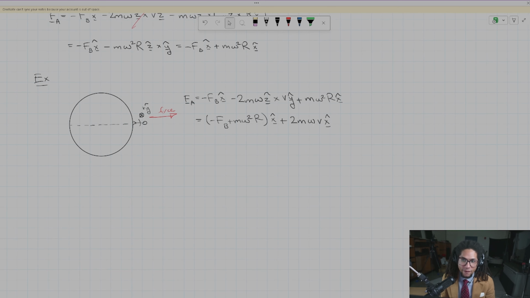But note that if I change my v so that it's negative, in other words, if I throw the ball out of the screen, then this force actually will cancel part of this net centrifugal force, or net force toward the centripetal force, be that as it may. All right. Now, this is mostly all that I wanted to cover in this general setting. Let's continue with a couple of examples back on the light board.